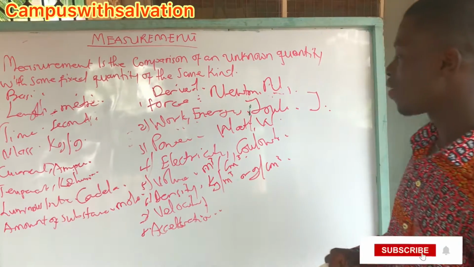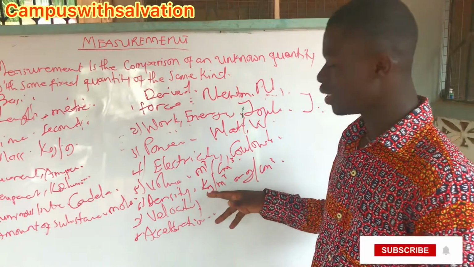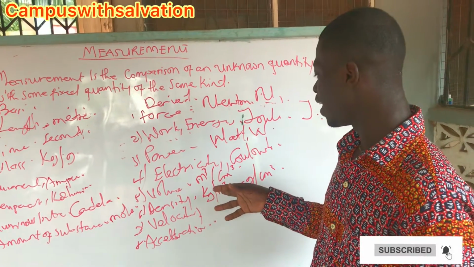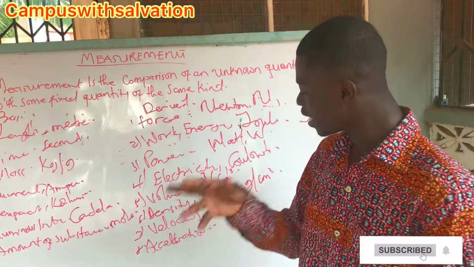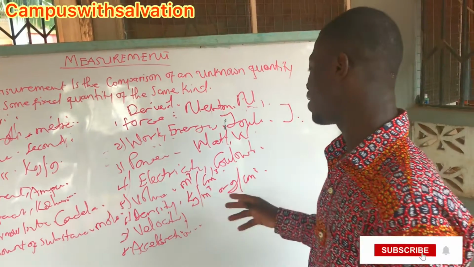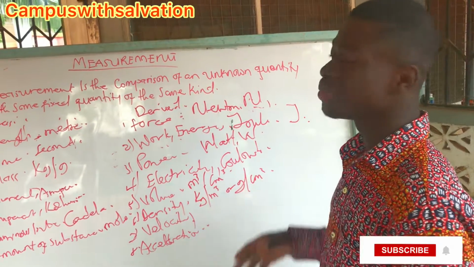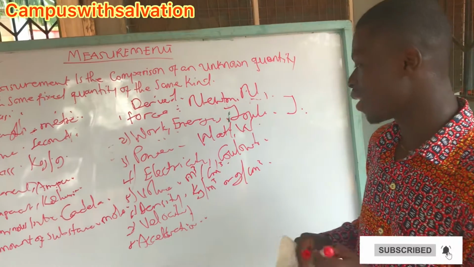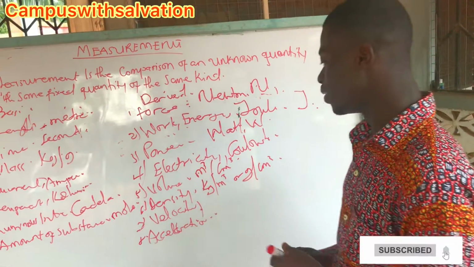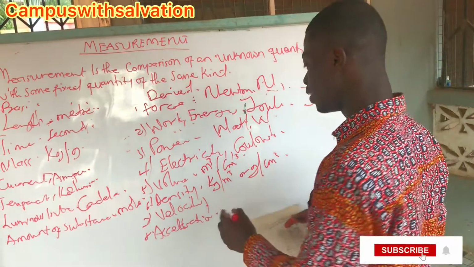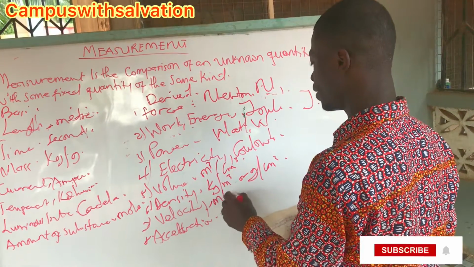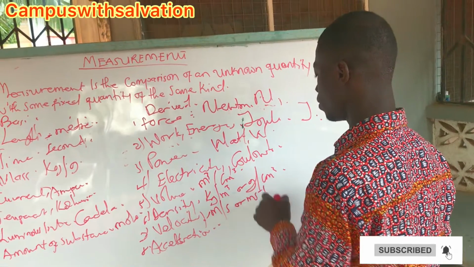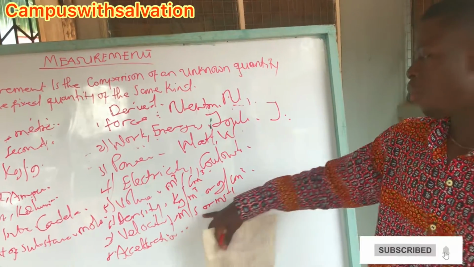We have density, which has an SI unit of kilograms per meter cube or grams per cm cube. When you calculate it in kilograms, the SI unit of the volume must be in meter cube, but when you calculate it in grams, the volume unit must be in cm cube. It shouldn't be meter cube. So that's how we go about it. You have velocity, which is measured in meters per second, which can be written in this form or in this form.